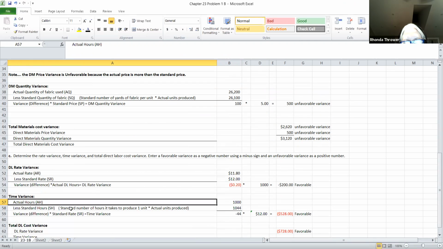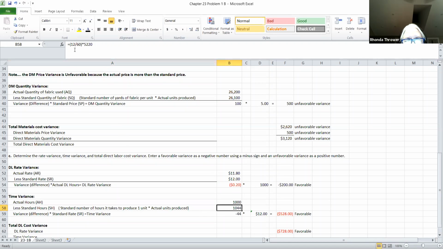This amount was not given. You have to use this formula to figure out what the standard hours are. The standard hours are calculated by taking the standard number of hours it takes to produce one unit, and then multiplying that by the actual units produced.